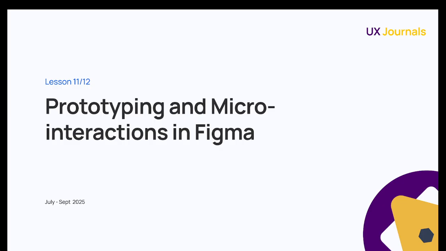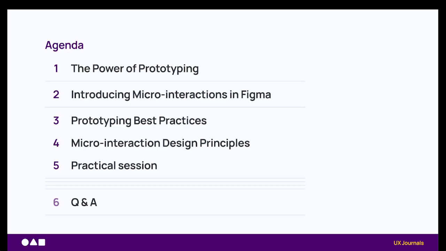Right. So, like I said, we'll be talking about prototyping and micro interactions in Figma. For this particular lesson, we'll be looking at what prototyping is, what it actually does in our designs, and we'll also look at micro interactions in Figma, where you can build normal hover effects. You can look at having loading screens.